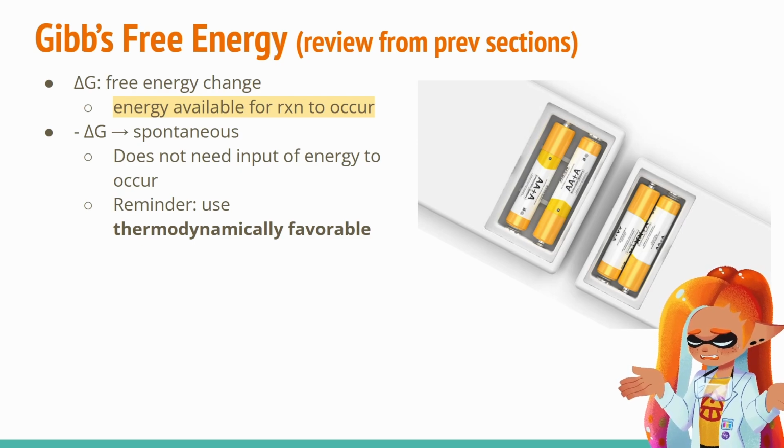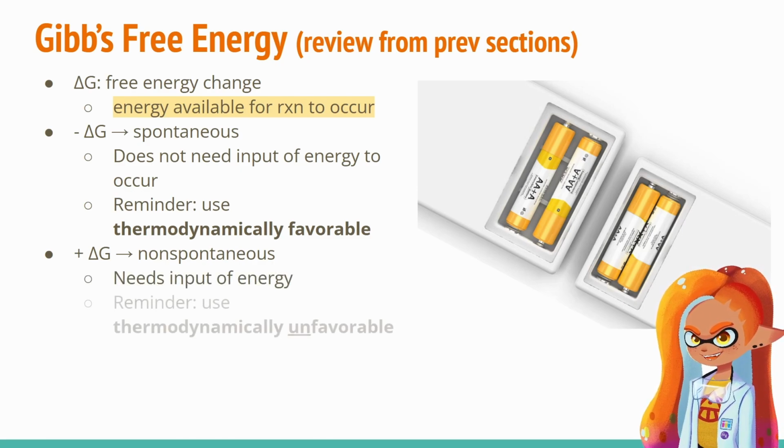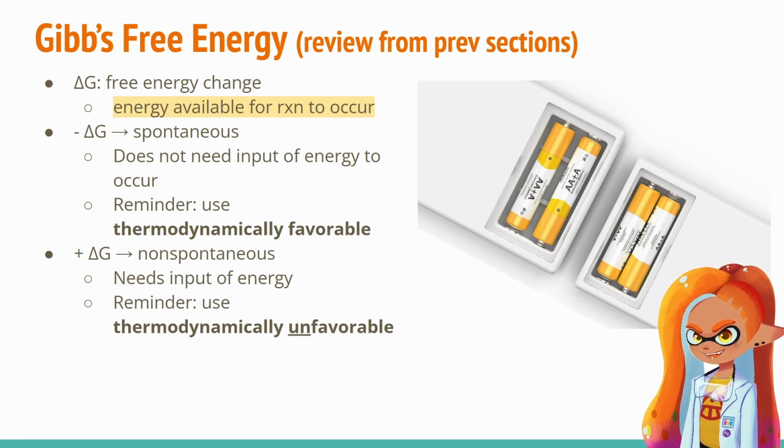But for some reason, College Board really wants you to know it's thermodynamically favorable. Cool. And so if delta G is positive, that's non-spontaneous, so that means it's not going to happen unless you input some energy, and so you should say that it's thermodynamically unfavorable, non-spontaneous.